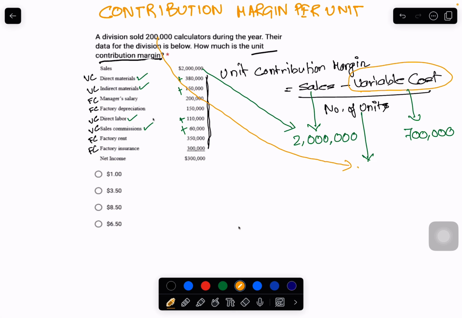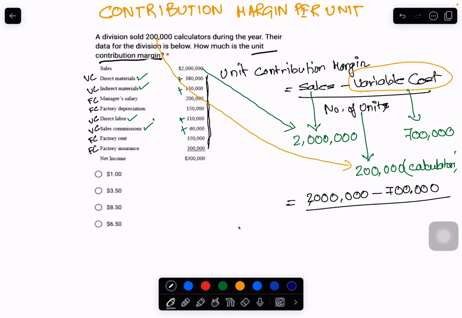So 200,000 calculators, that's the units. So the unit contribution margin, if I plug those numbers into the formula, would be 2 million minus 700,000 divided by 200,000.